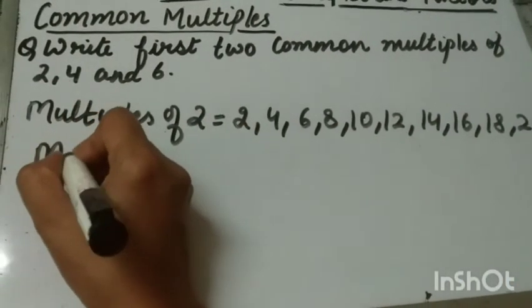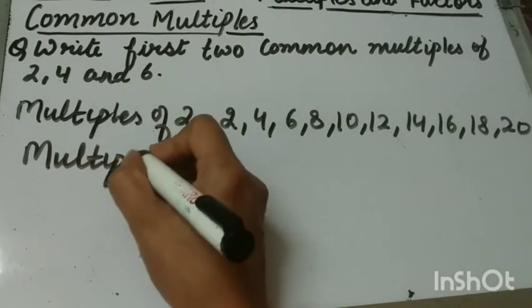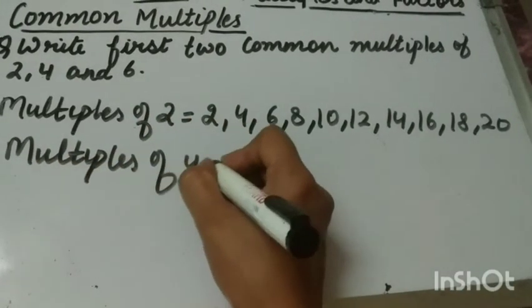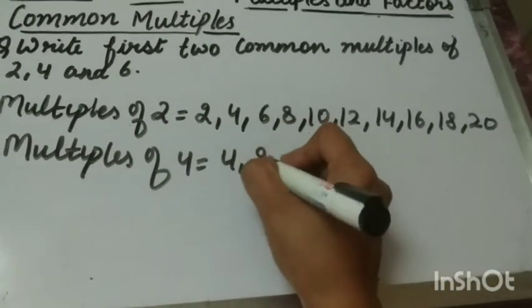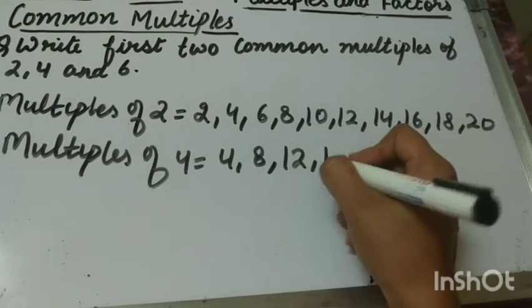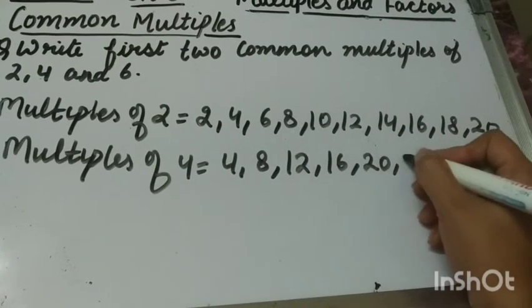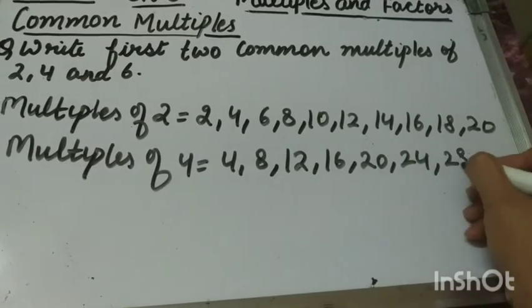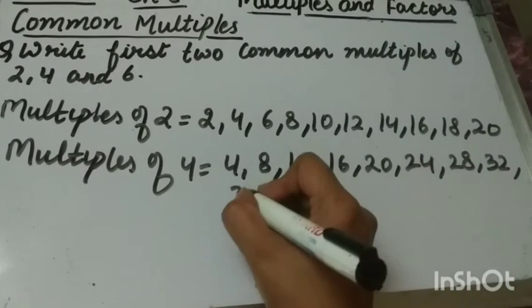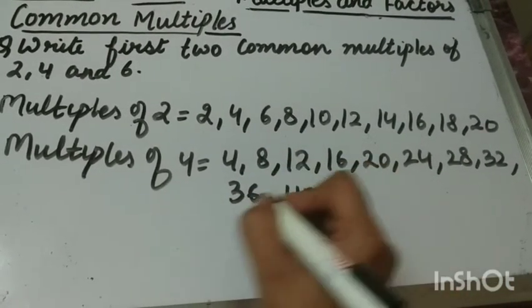Now we will write the multiples of 4, and multiples of 4 are 4, 8, 12, 16, 20, 24, 28, 32, 36 and 40.